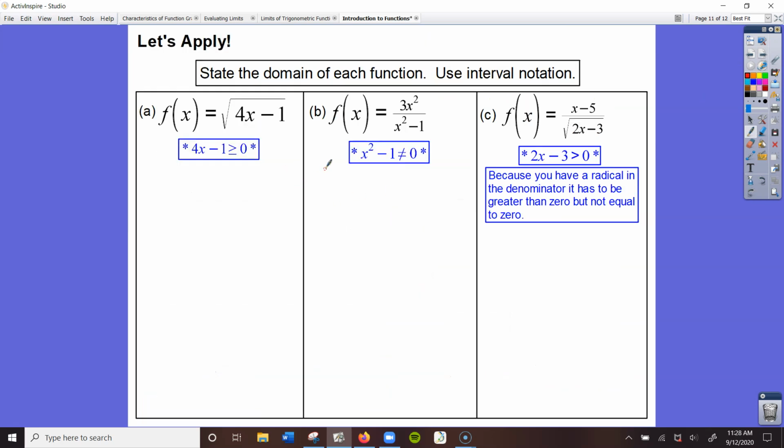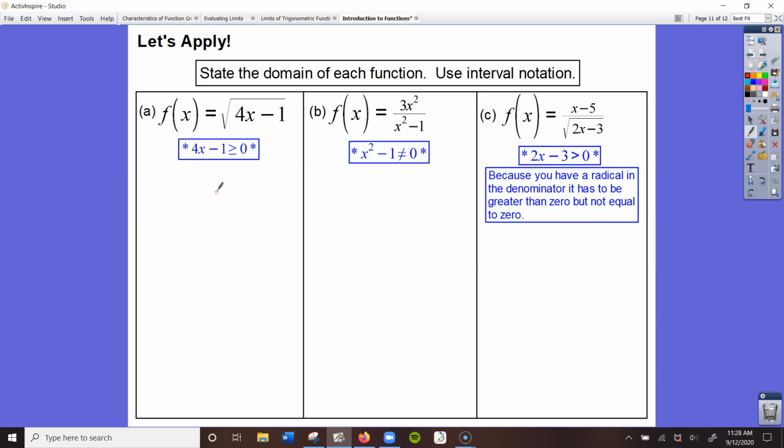So here we have some examples of radical and rational functions so that we can find their domains. And in the blue boxes, you'll see how I applied the rule for each one in order to find that domain. For a, we have the square root of 4x minus 1. Since this is a radical function, that means that I have to take whatever is inside of that radical and make it greater than or equal to 0.